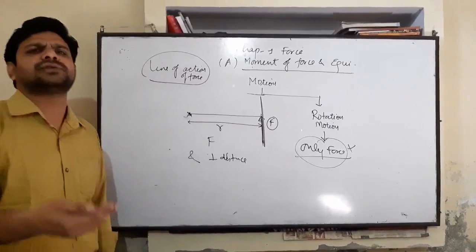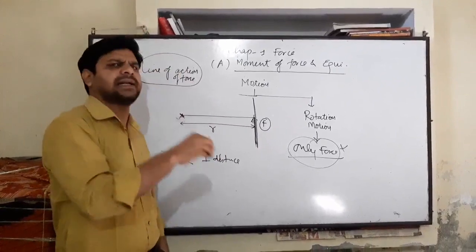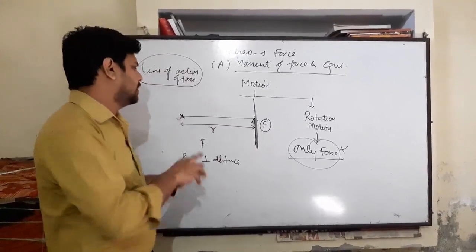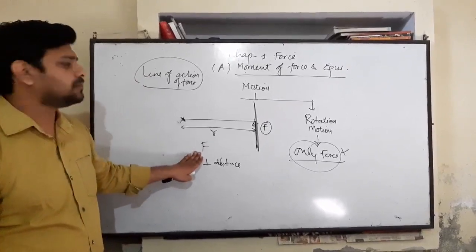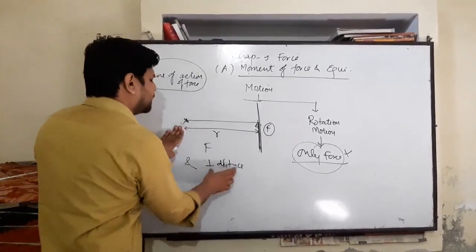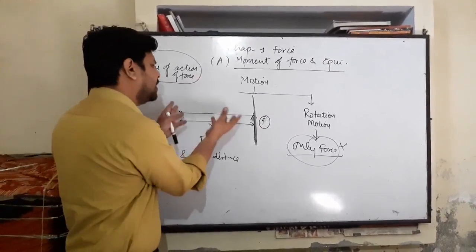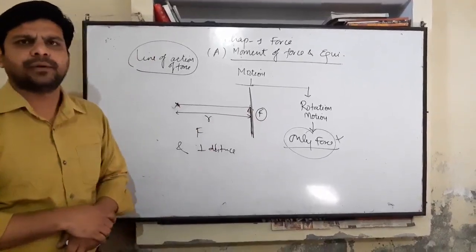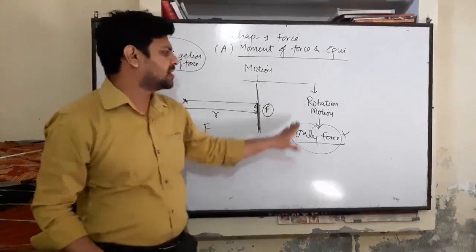If we apply some force on any object, it will move but in a straight line. But if we apply some force on any pivoted object, then the force and the perpendicular distance both make this body rotate. So there are two factors which provide rotation motion.